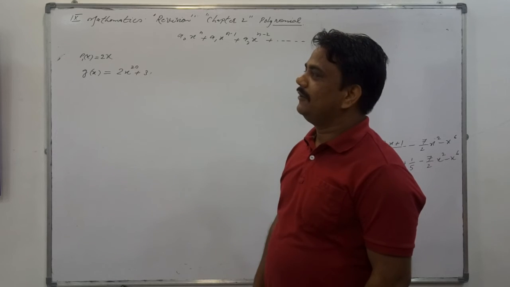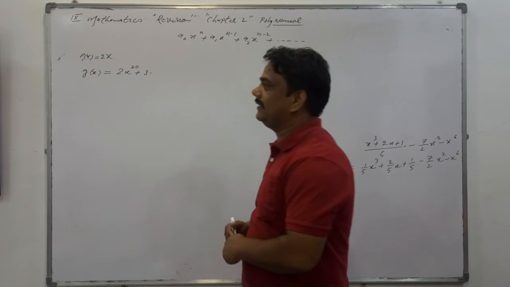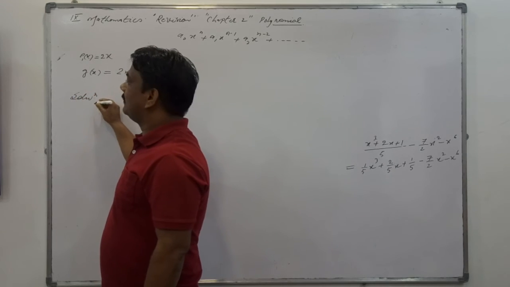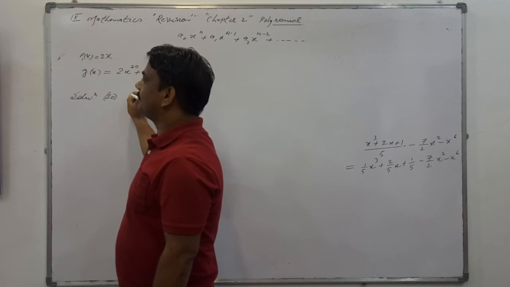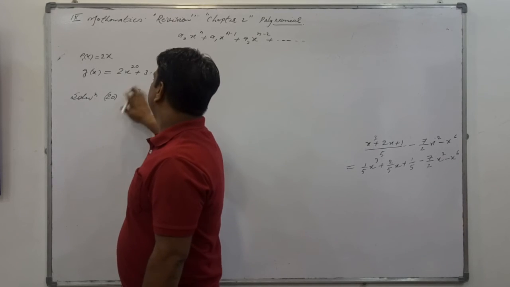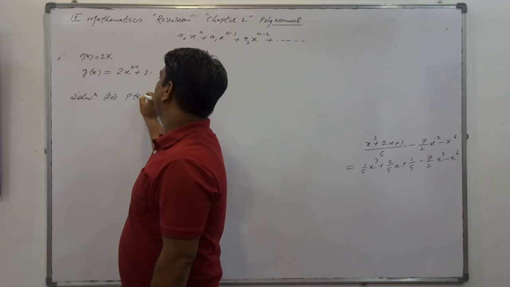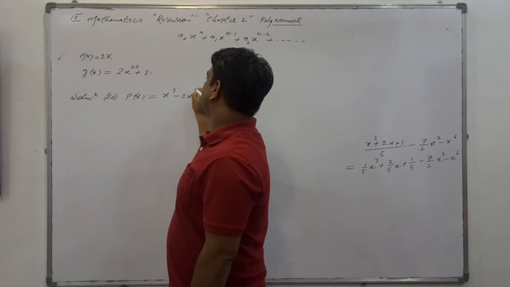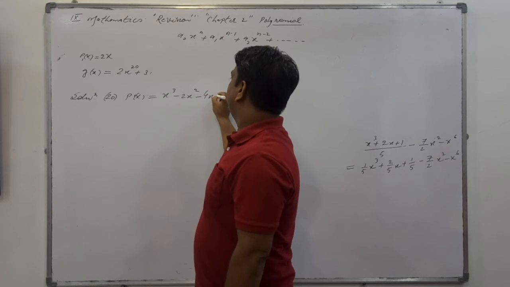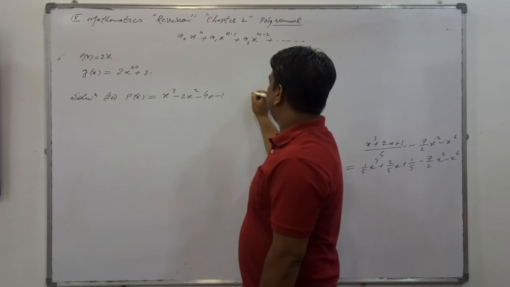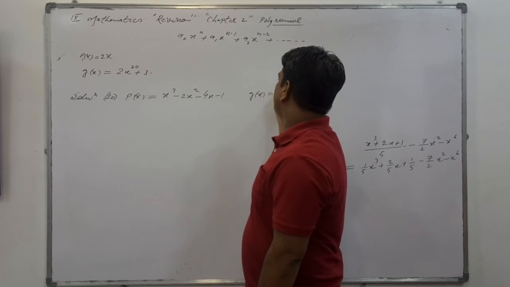Go through question number 20: by remainder theorem, find the remainder. It's very simple. Look, what is the polynomial here? x cube minus 2x square minus 4x minus 1. This is a polynomial, okay? And it is divided by x plus 1.